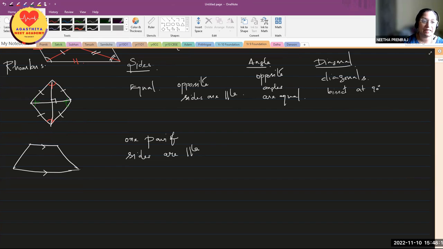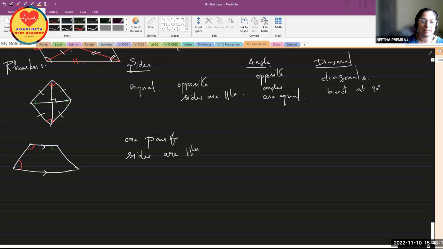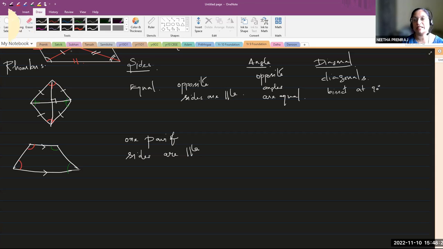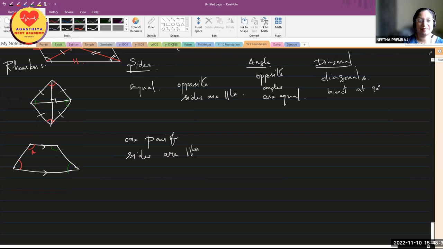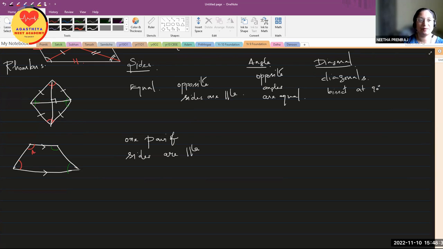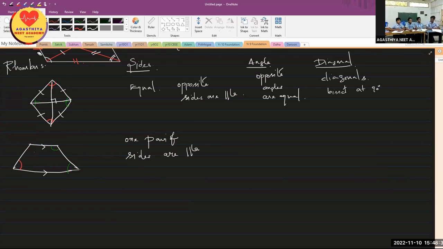Now, see, these two are co-interior angles. And these two are co-interior angles, adjacent angles. What does it mean, co-interior angles? Have you studied transversal line, parallel lines, corresponding angles, alternate angles?